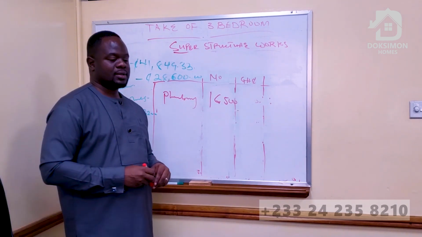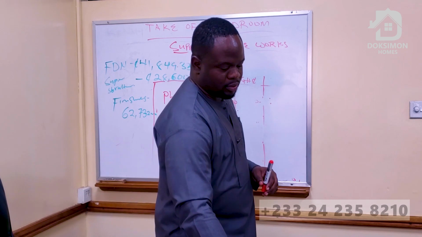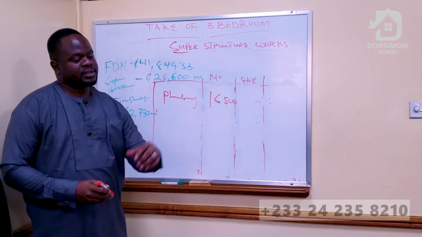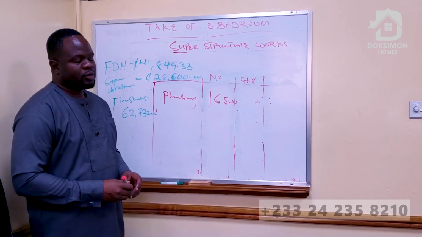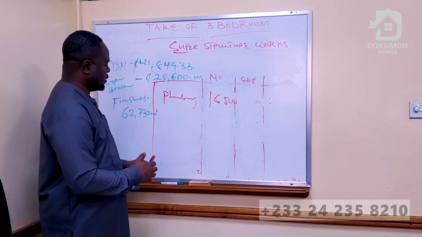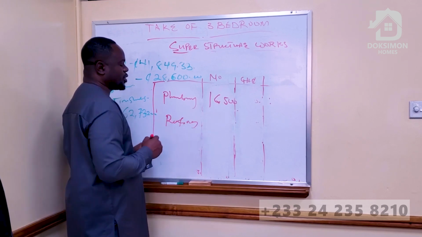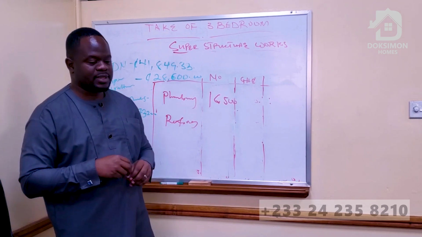16,500 Ghana cedis. Now, my chairman or my colleague drew my attention to the roofing. The roofing was also itemized, and since it's a secret roofing, it's less expensive.